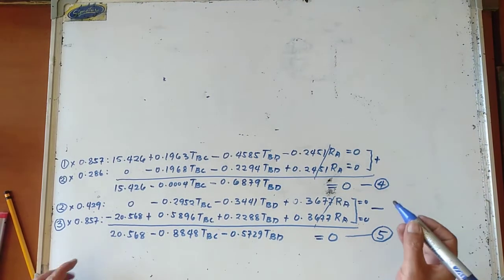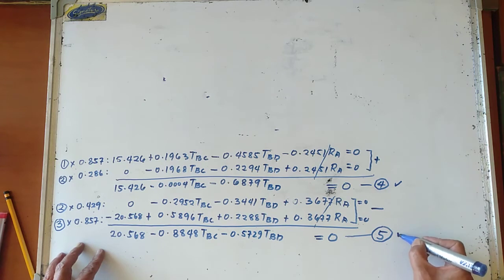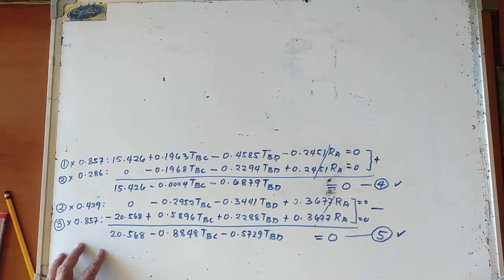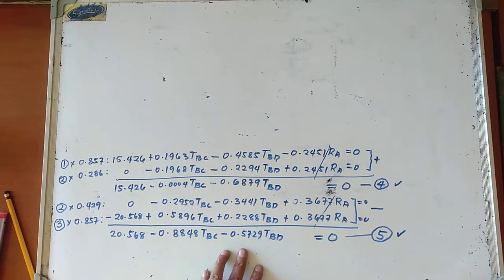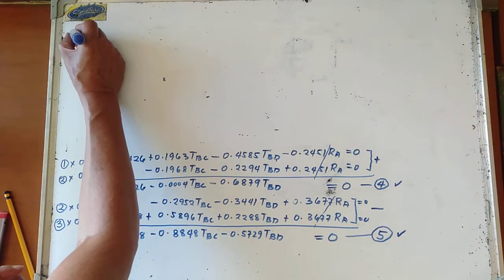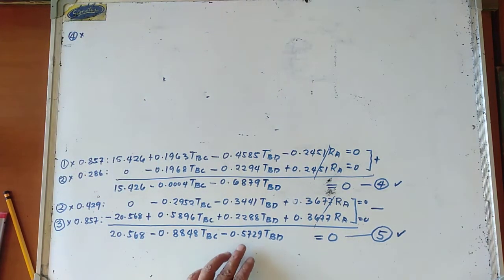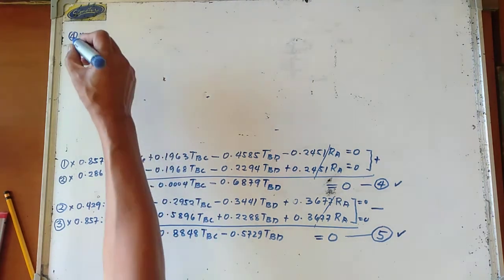Now let us try to solve equation 4 and equation 5 simultaneously. So at this time, let us try to eliminate T sub BD. So let us try to multiply equation 4 by 0.5729.